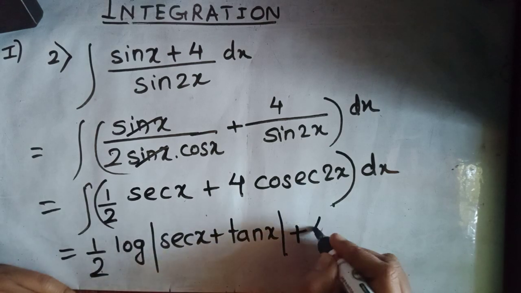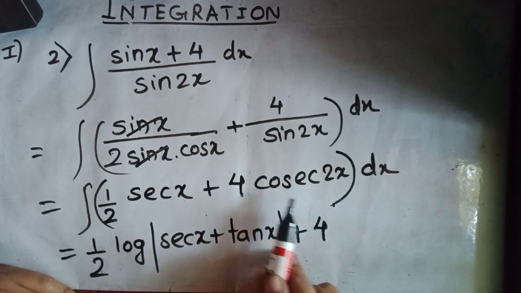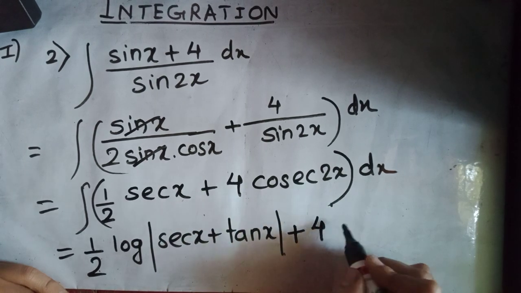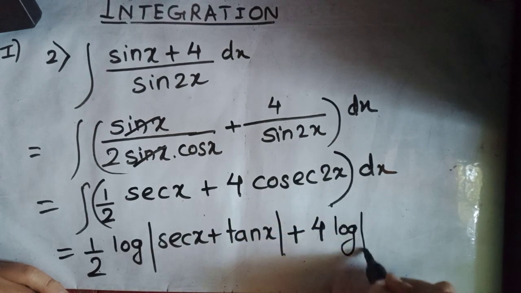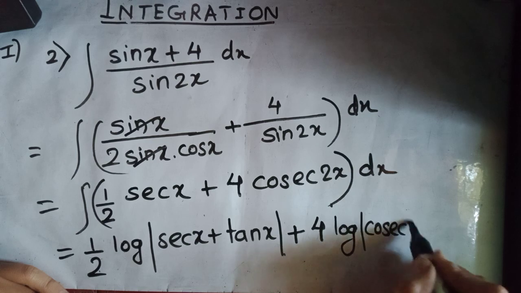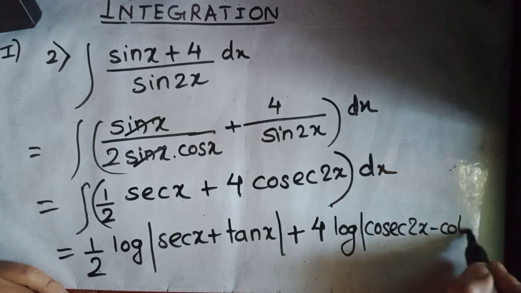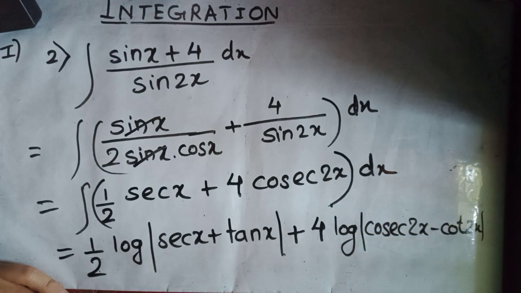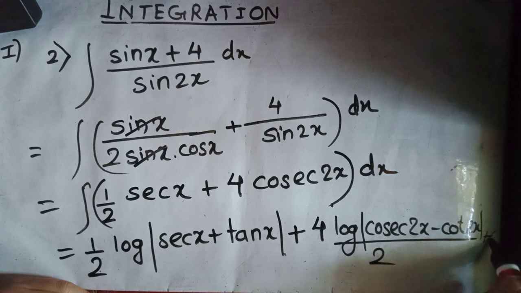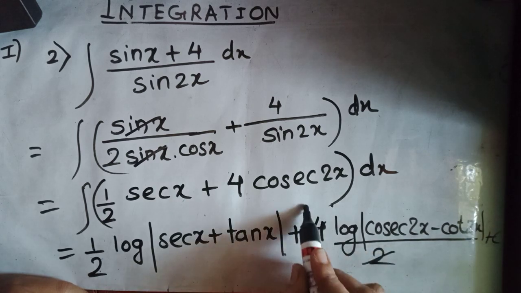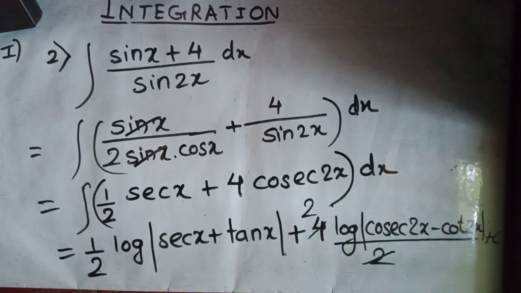Plus 4 times the integral of cosec 2x, which is log of (cosec 2x minus cot 2x) and the derivative of 2x, which is 2, plus c. This 2 and this 4 get cancelled, so you will get 2. This is the answer. Plus c you have to write.